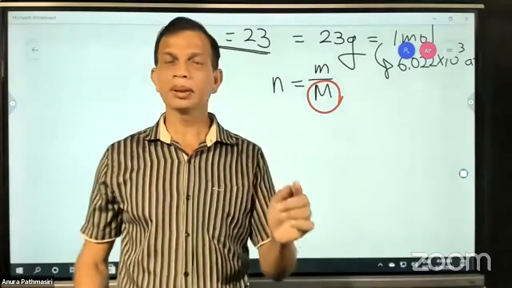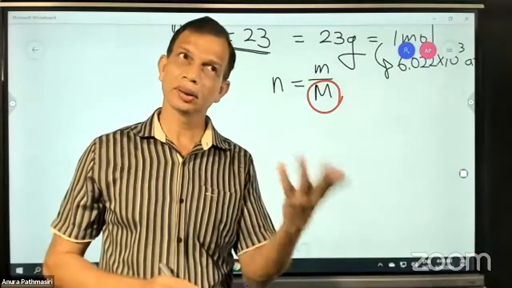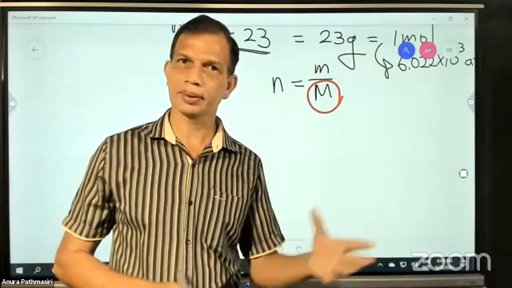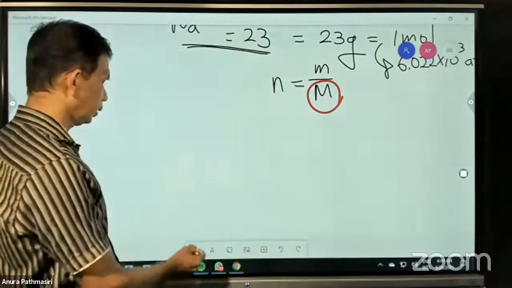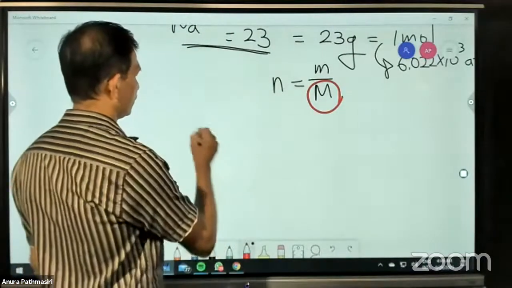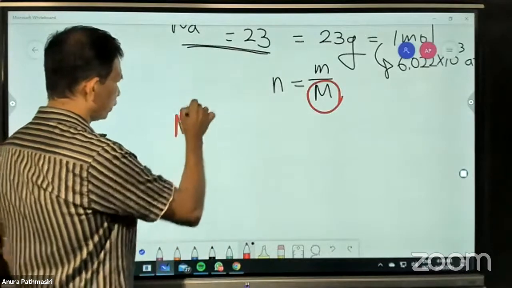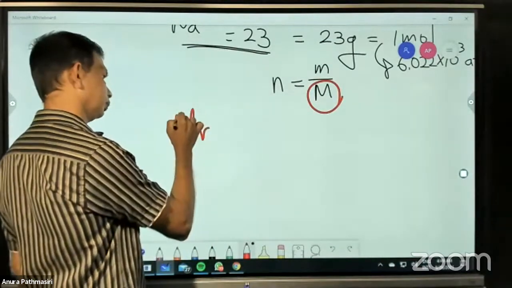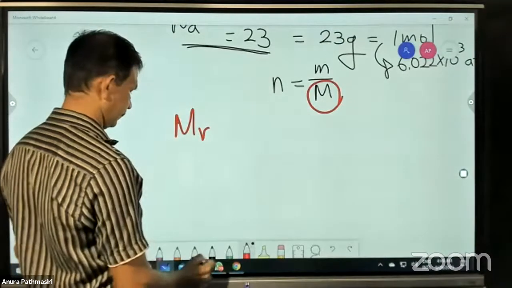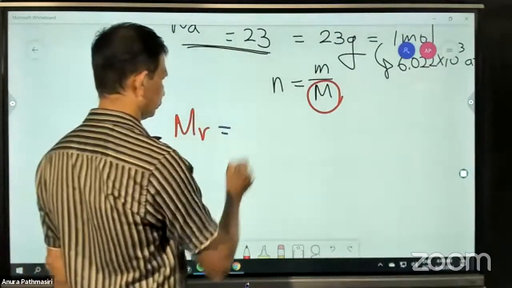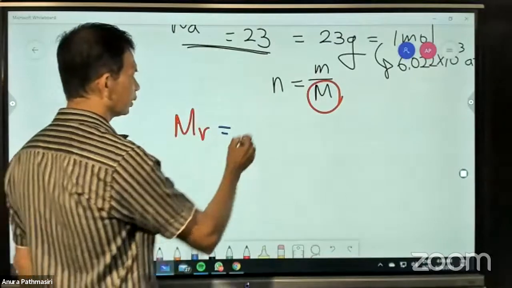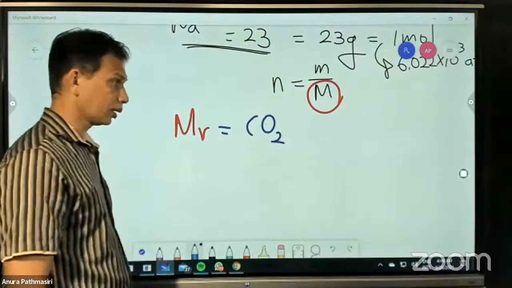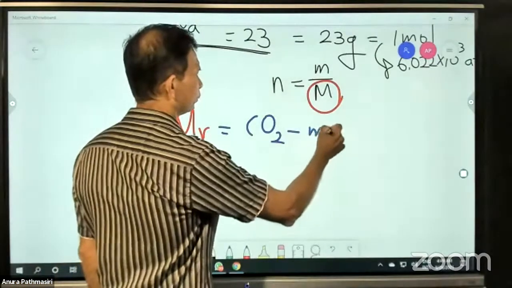Right. Now, I'm going to introduce the relative atomic mass and relative molecular mass, MR, not Mr. Relative molecular mass. What is that? If you consider carbon dioxide, it is a molecule.